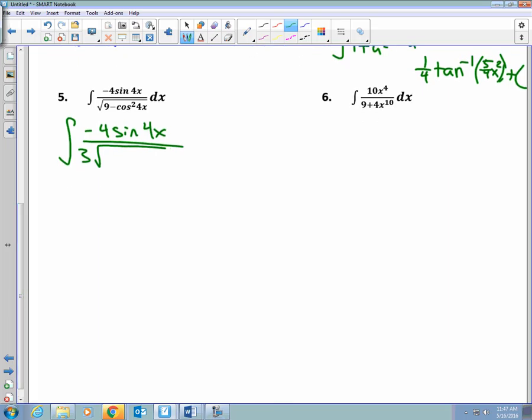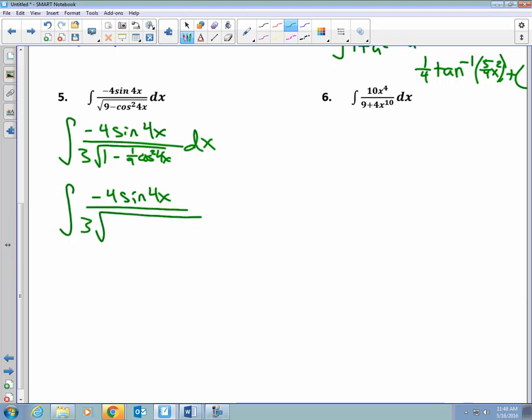Okay. So I factor out the 9, and I get 1 minus 1/9 cosine squared of 4x. So the 1 is taken care of. Now I need something squared. So I have -4 sine of 4x over 3 roots of, what do you square to get 1/9 cosine squared of 4x? Or 1 over 3 cosine of 4x, that quantity squared.